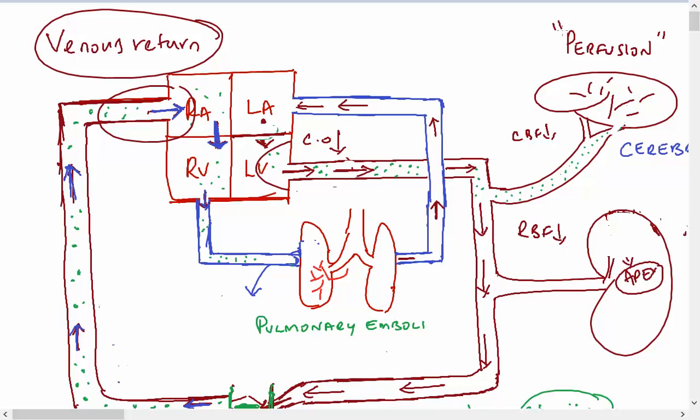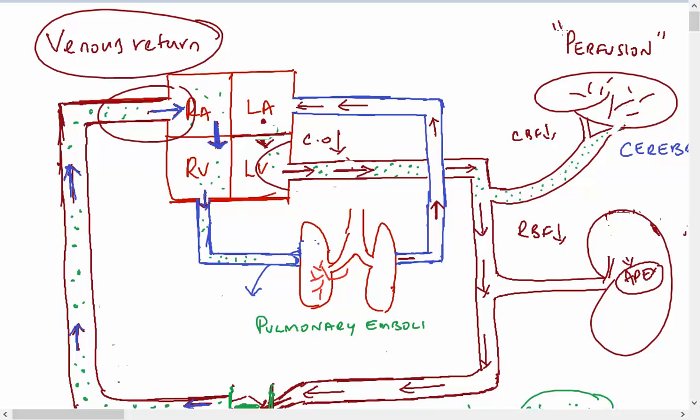If blood flow to the kidney is reduced, will renal perfusion be less or more? It will be less. Perfusion means blood going into the tissues.